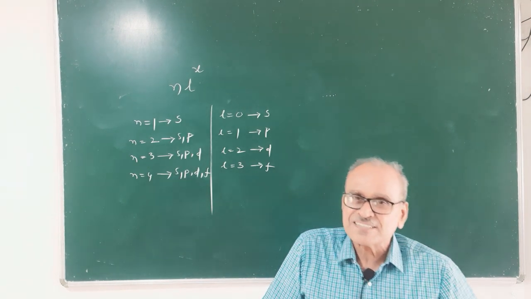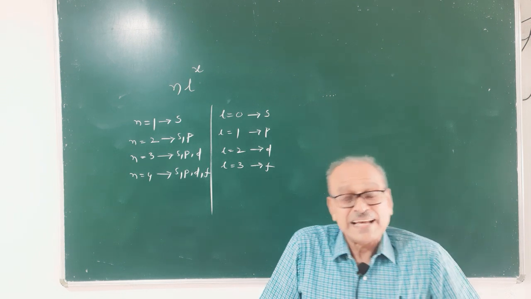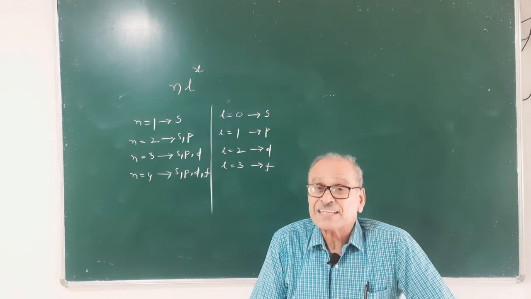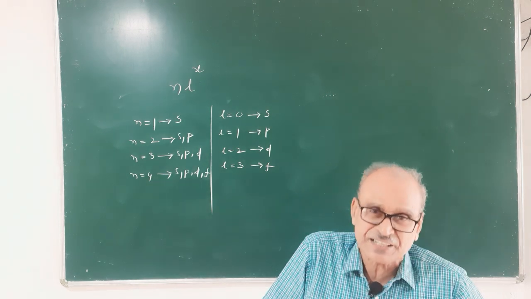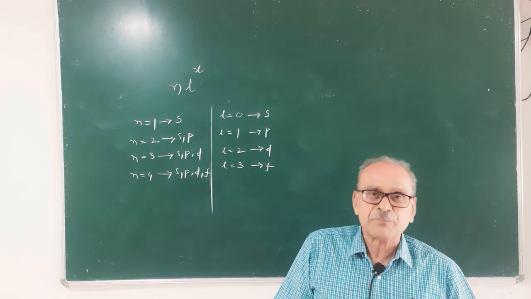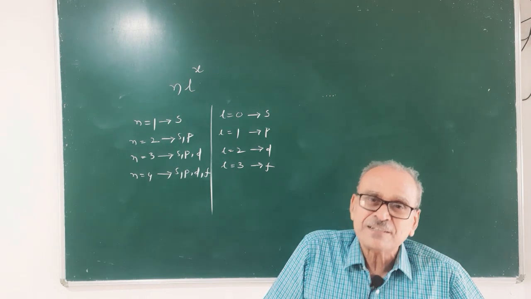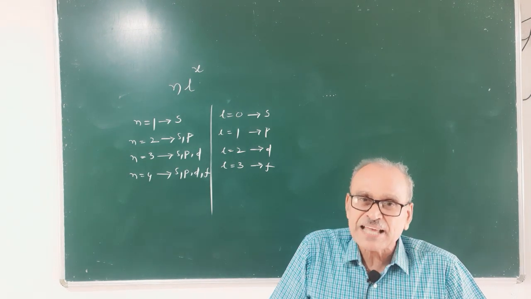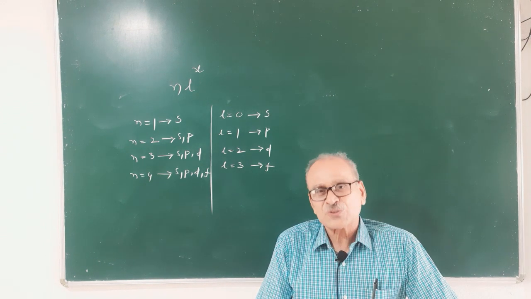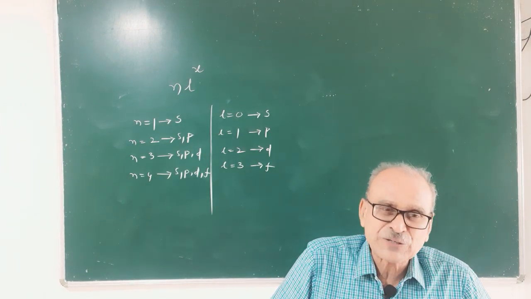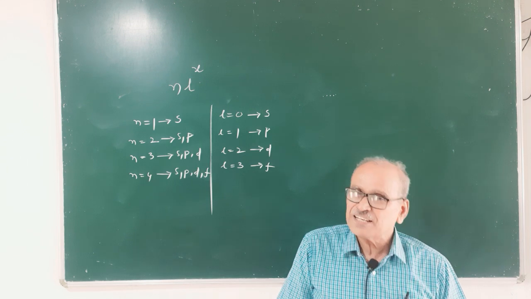We can discuss the actual arrangement of electrons in a multi-electron atom by taking 3 principles into consideration. One is called the build-up or Aufbau principle, the second one is called Pauli's exclusion principle, and the third one is called Hund's rule. So in the next video, I would like to elaborate on these 3 topics.